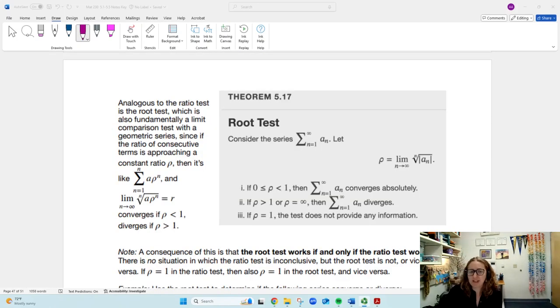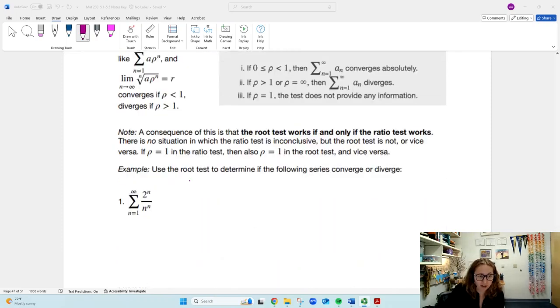And this very last test is actually really similar to the ratio test in that we can relate it to geometric series. So I want to take a look at an example right here, which I could also rewrite as 2 over n raised to the nth power.